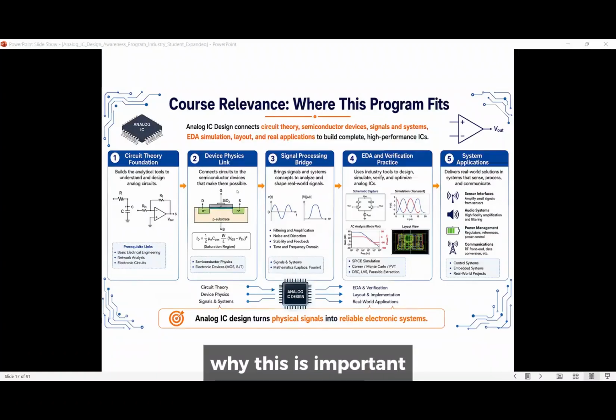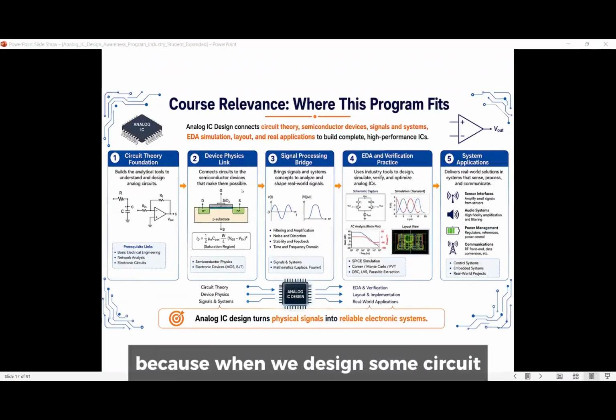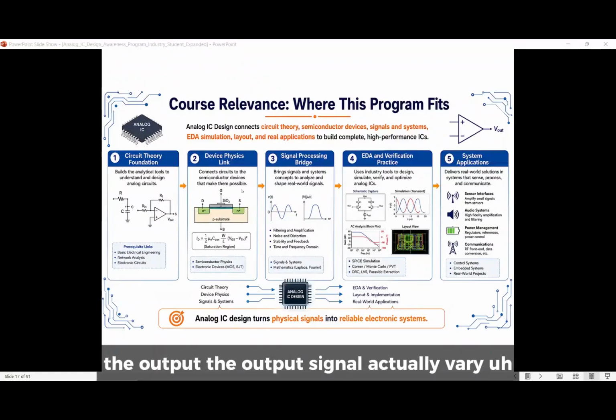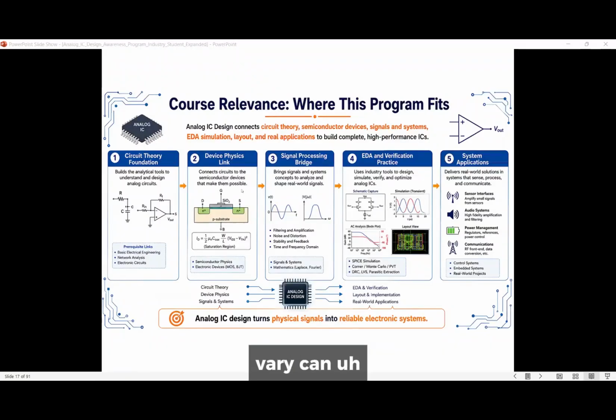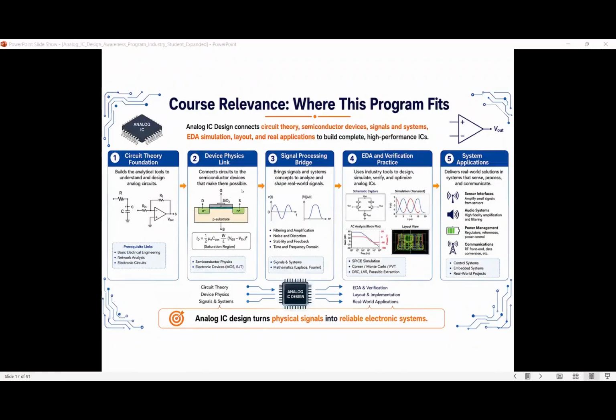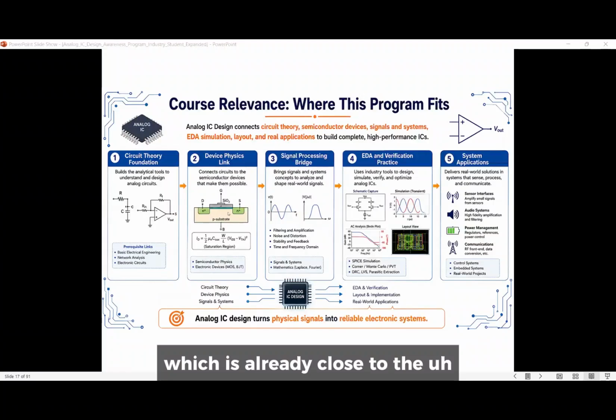Why is this important? Because when we design some circuits, like a voltage-controlled oscillator, the output signal can vary from zero voltage to a rather high voltage, already close to the supply voltage.